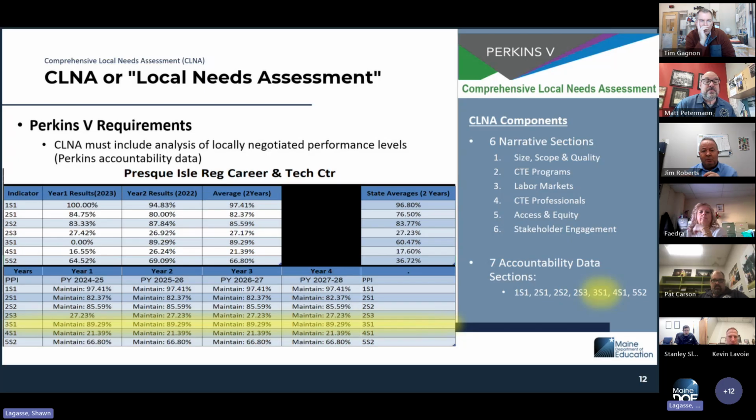So another big change between Perkins 4 and Perkins 5: everyone had their own measurements. Before this, for the life of Perkins 1 through 4, everybody had the same measurements. So it was very challenging for, I'll use an example of an Aroostook County school, let's say Van Buren or St. John Valley, to meet the same indicators set forth for the entire state, when you're talking about a school the size of maybe Portland or Lewiston.